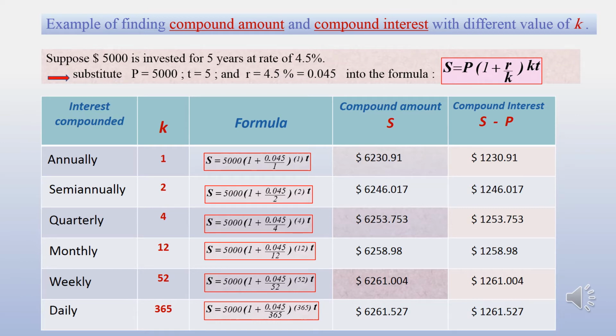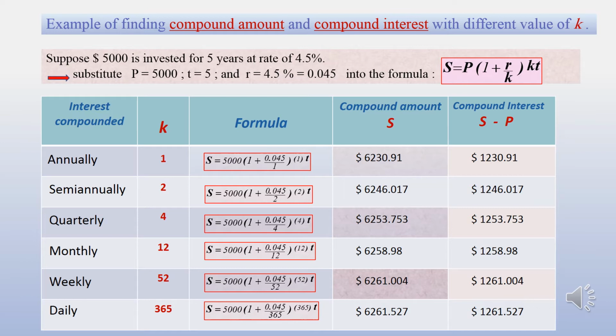Now, we substitute the values P equal to 5,000, T equal to 5, R equal to 0.045 into the formula S equal to P multiplied by (1 plus R over K) to the degree of KT.